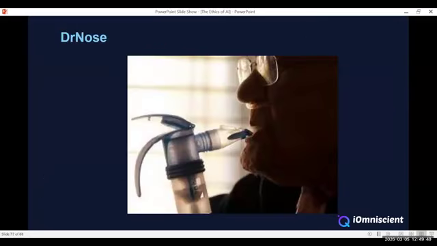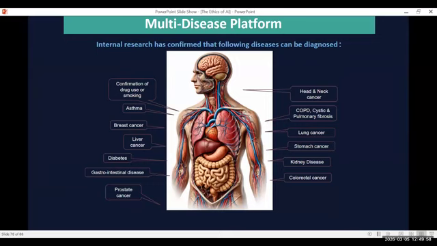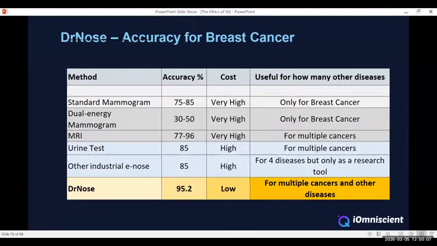And we've developed another capability called Dr. Nose, where we can smell the exhaled breath of an individual, and it can be used for the diagnosis of early stage cancers like lung cancer, breast cancer, a whole bunch of different cancers. The clinical trials we've done have demonstrated that the system has a higher accuracy than the traditional methods we use.